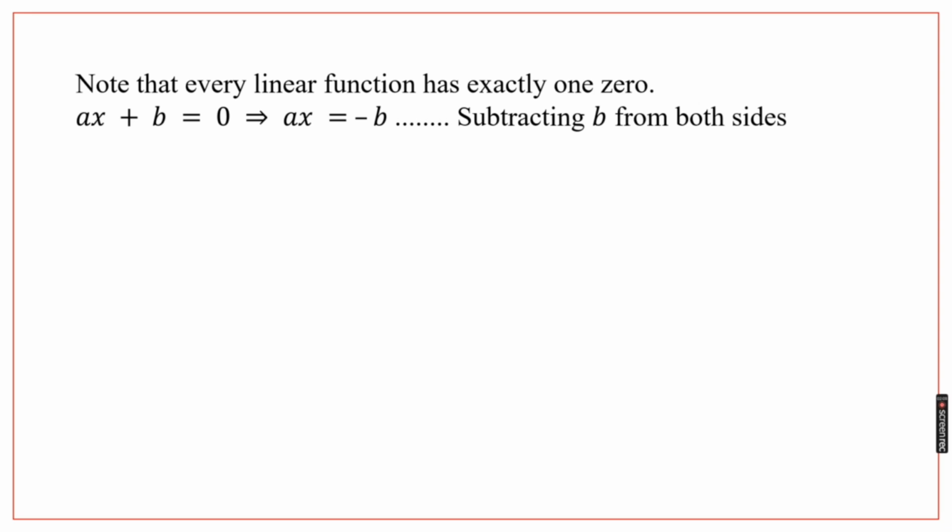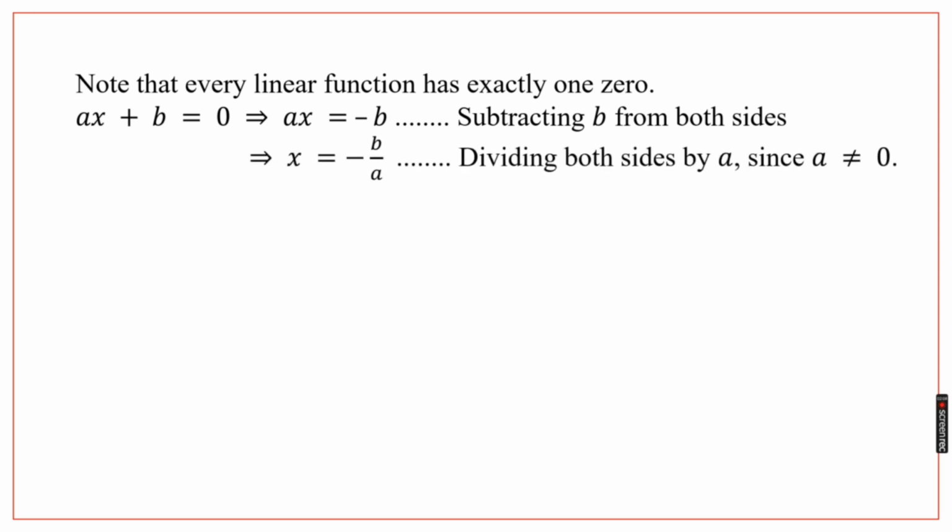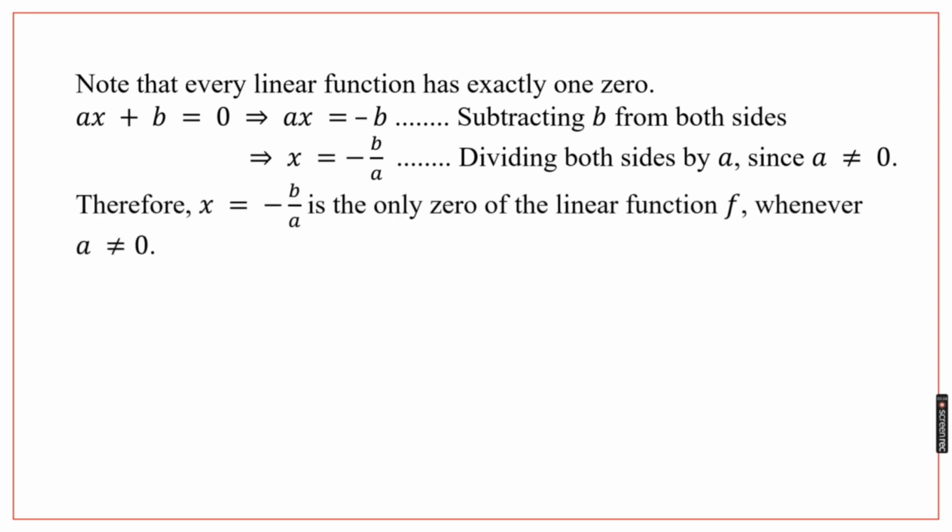Then divide each side by a, so x equals minus b over a. a differs from 0 because any number divided by 0 is undefined, so it must be different from 0. So x equals negative b over a is the only zero of the linear function f whenever a differs from 0.